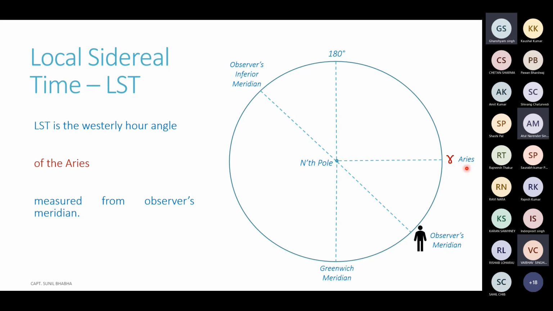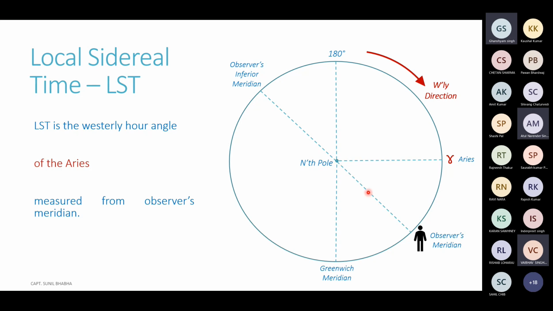When you look from the top of the North Pole in this way, the westerly direction is the clockwise direction. You can see this arrow showing the westerly direction. LST is the westerly hour angle of Aries measured from the observer's meridian.